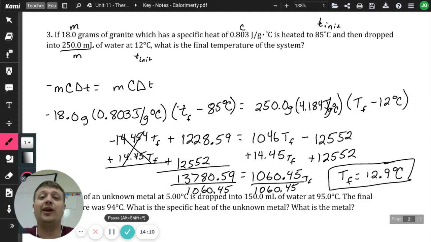So it's going to take about 4 times as much energy to increase the temperature of 1 gram of water. The other factor is how much water we have in comparison to how much granite we have. So I have 18 grams of granite, but I have 250 grams of water. And so because of that, it is going to take a lot more energy to heat that water up. And so that's why we see that big change in temperature.